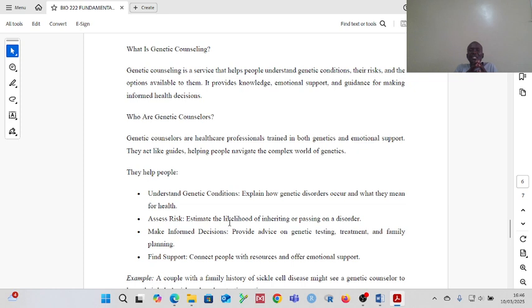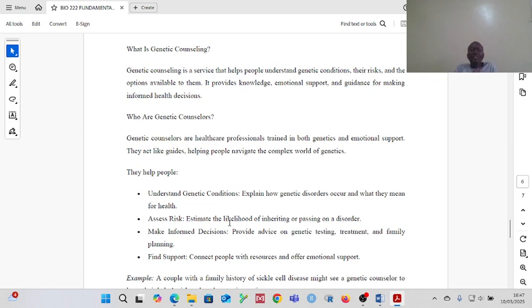So what genetic counseling does is provide knowledge, emotional support, and guidance so that you can make informed health decisions. Through genetic counseling, you'll be told more about the genetic condition that is present, how risky that condition is, and which type of support is available.